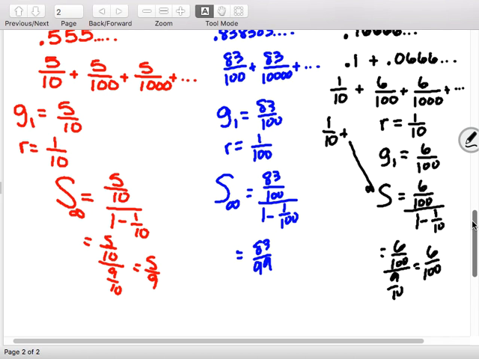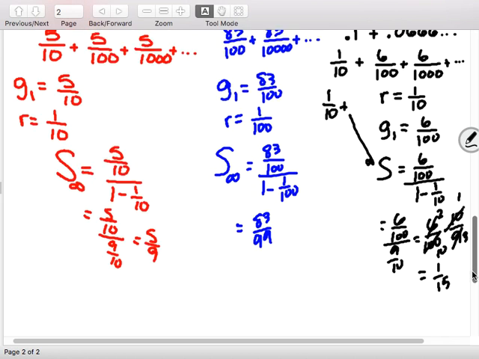So 6 over 100 times 10 over 9. Well, this reduces, so I get 2 over 30, which is 1/15.